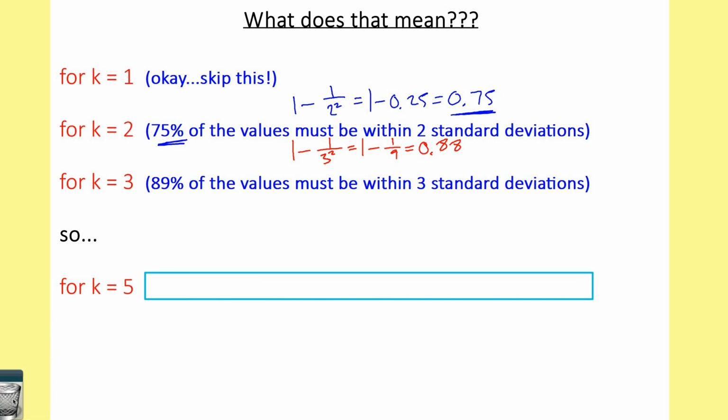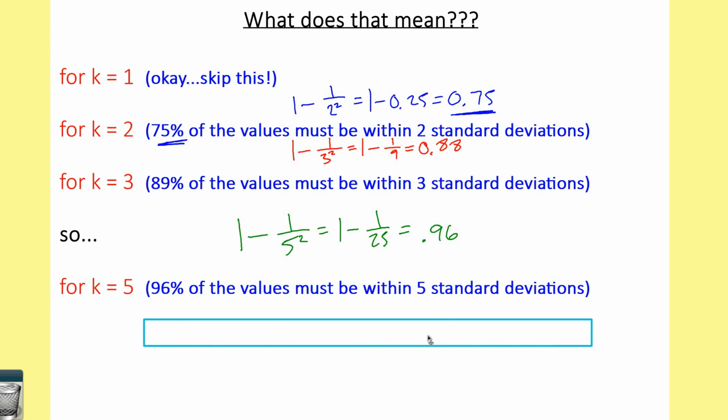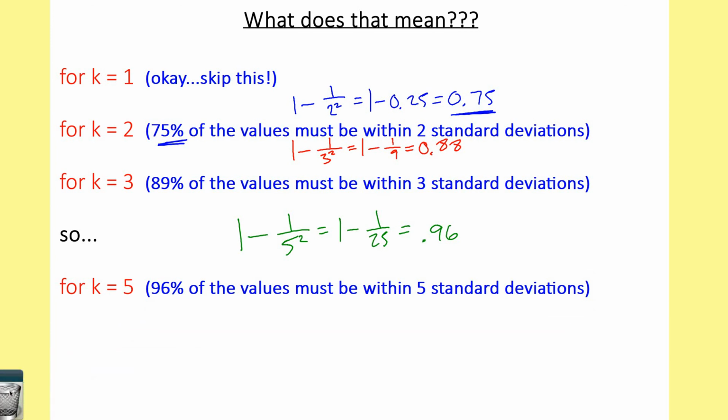So we keep going. Let's do it for actual extreme values. This is what would make more sense. Let's do 1 minus 1 over 5 squared. That's 1 minus 1 over 25. So we get 0.96, which means 96% of our data should be within 5 standard deviations.